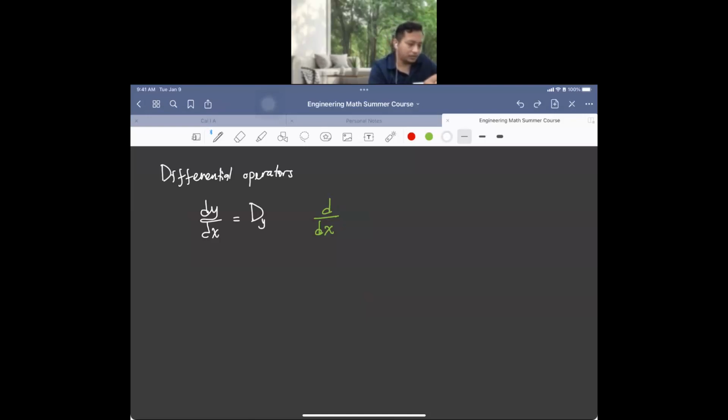Or if y is a function of x, then d/dx is our D, so we can write D of y. This gives you the new symbols that we are probably going to see a lot.